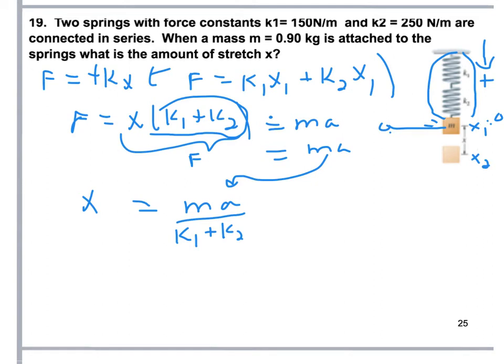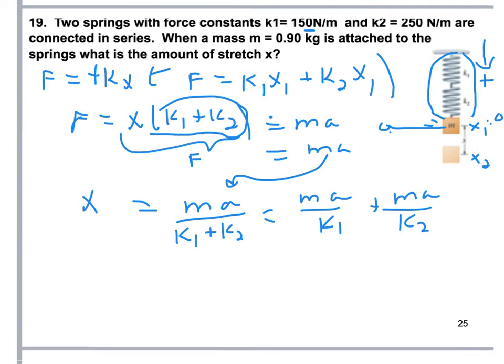We could actually go ahead and separate these out, because they both have the same units. So now that we have it here like this, we can go ahead and put our numbers in. But instead of keeping this as one equation, we want to separate them out here, and then put in our spring constants.